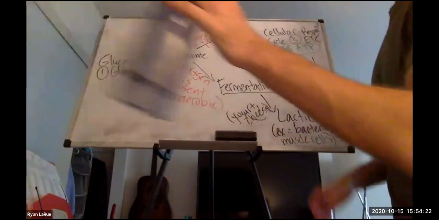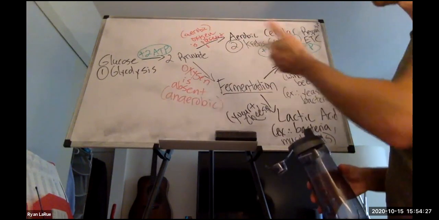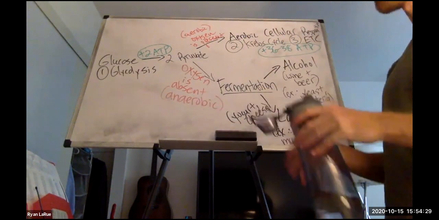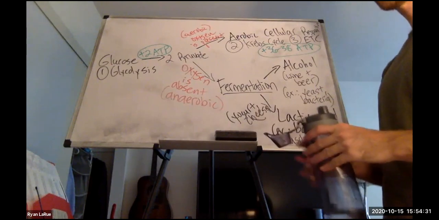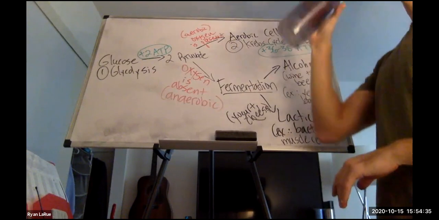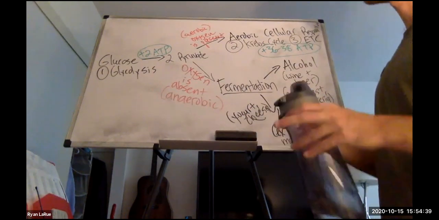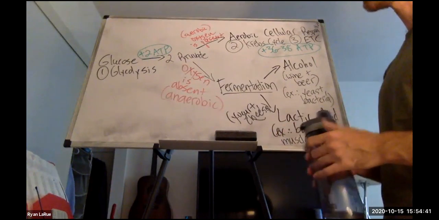Now, the next thing I'm going to do: I mentioned that glycolysis occurs in the cytoplasm, right? The fluid of the cell just floating around. Glucose is broken apart into 2 pyruvates in the cytoplasm.